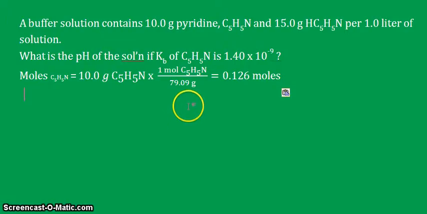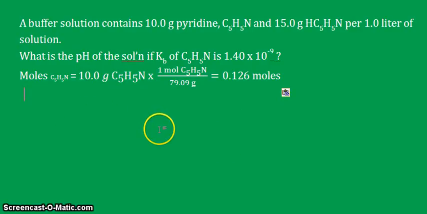For example, we have C5H5N, so you multiply the atomic mass of carbon with 5 because you have 5 carbons there. Then you do the same for hydrogen, then plus the atomic mass of your nitrogen. So you will get 79.09 grams per mole. Then when you do the calculation, you will have 0.126 moles. So that is the number of moles of your pyridine in the solution.